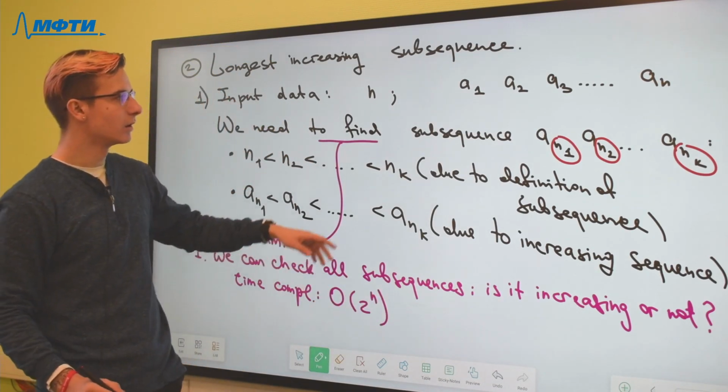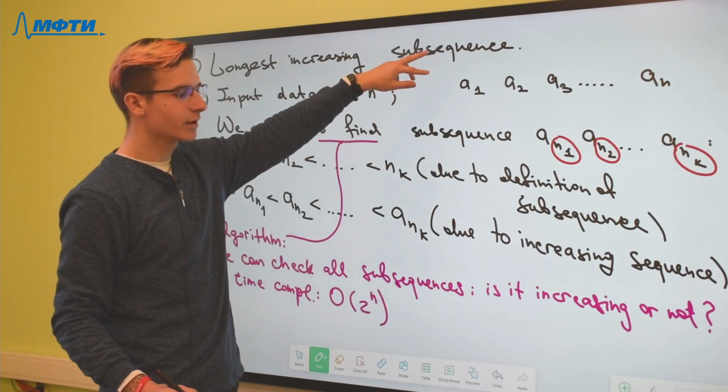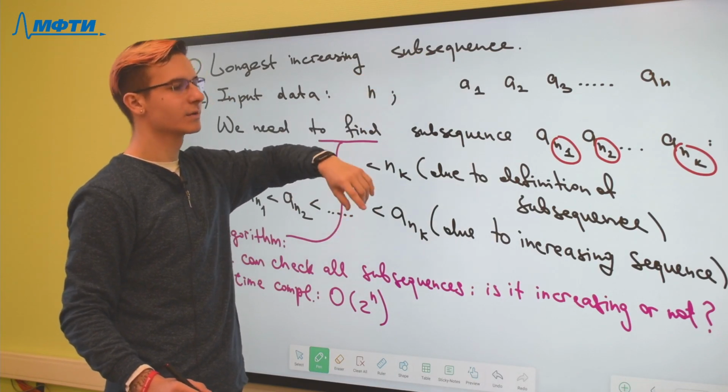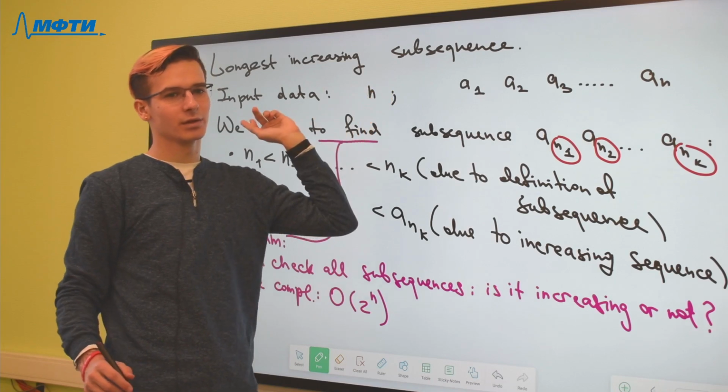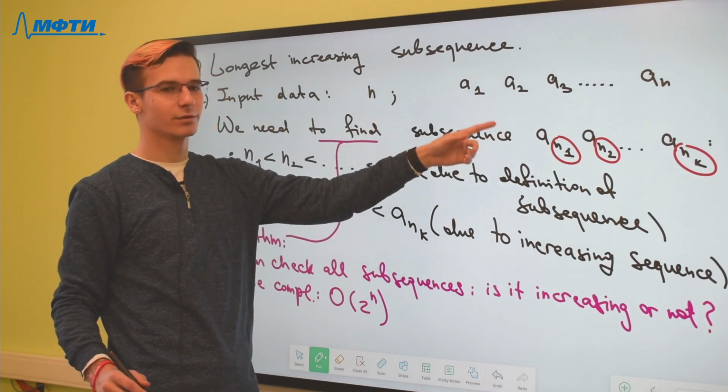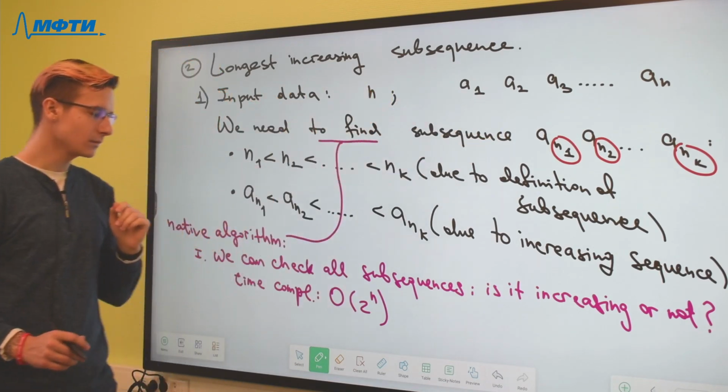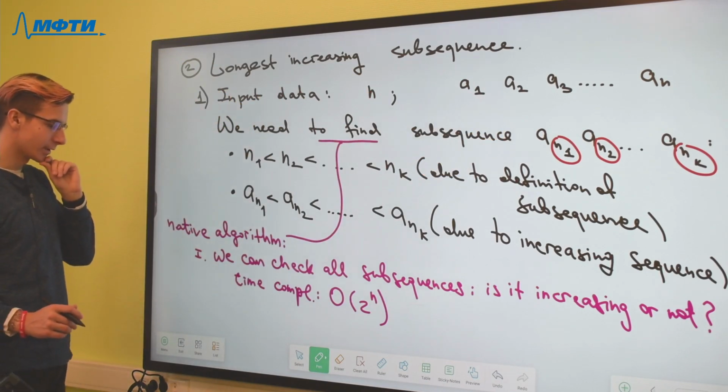Because any number can be in the subsequence or not in this subsequence, and then we take the product of these variants.